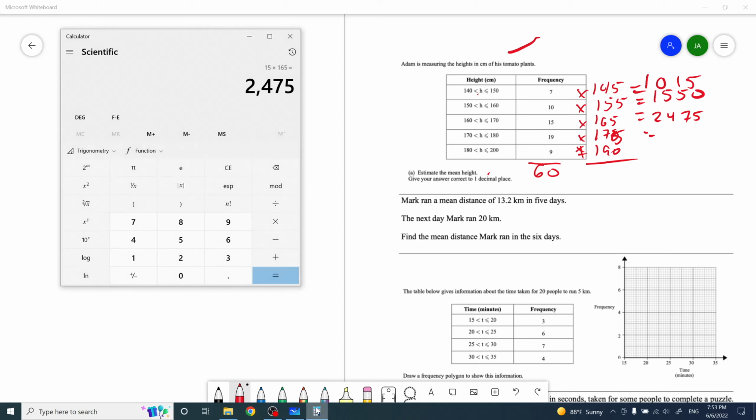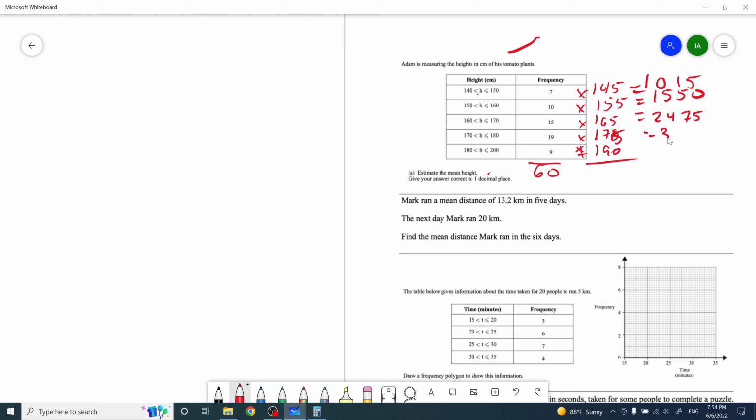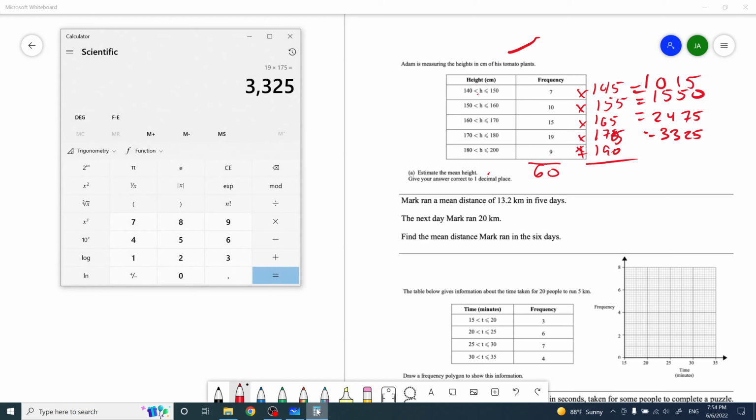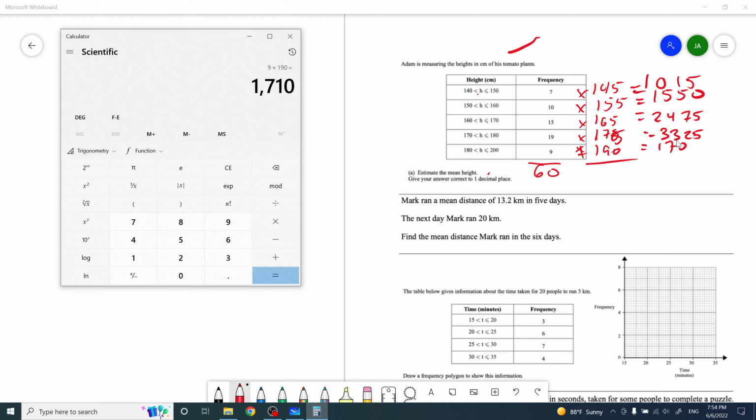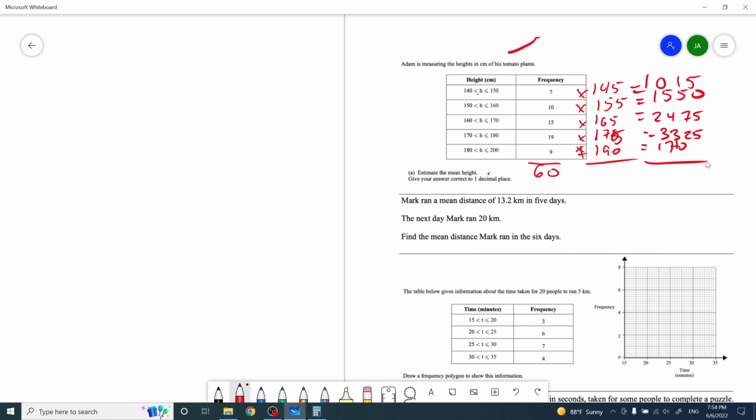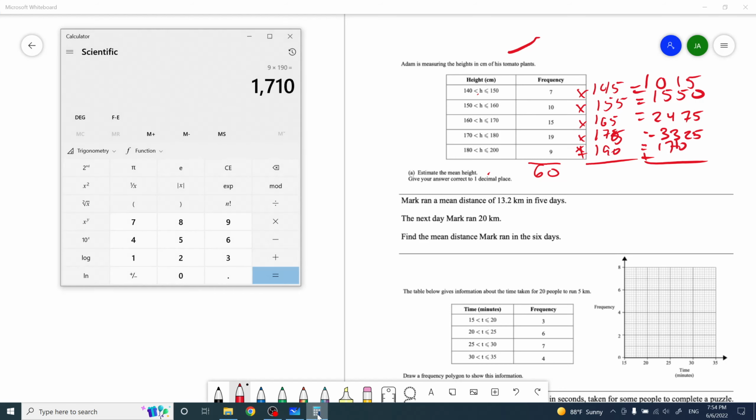Next, we got 19 times 175. So we get 3,325. And finally, we have 9 times 190. Oops, sorry, 1,710. My goodness, be careful. All right, so next we're going to add all these up.